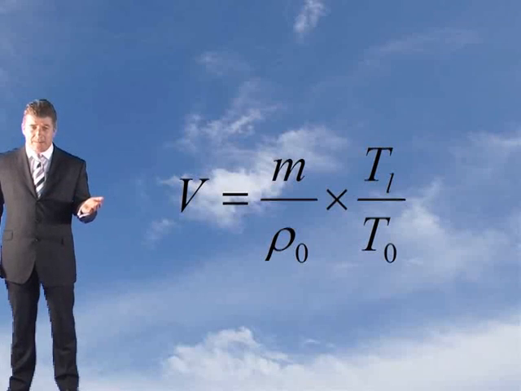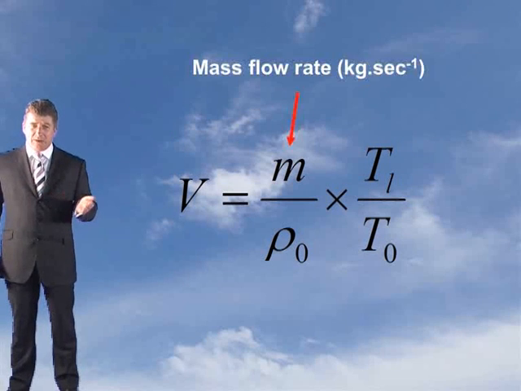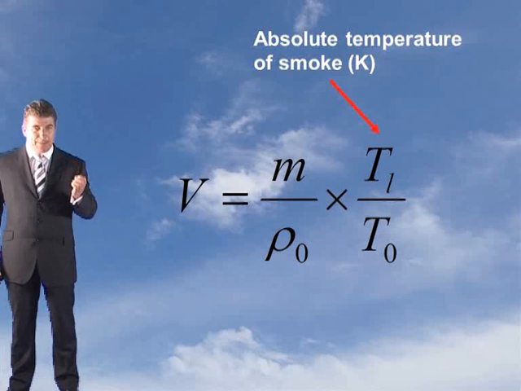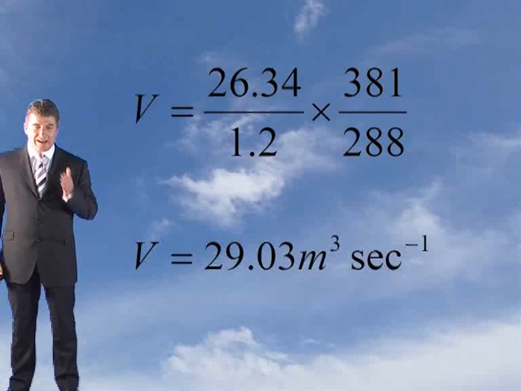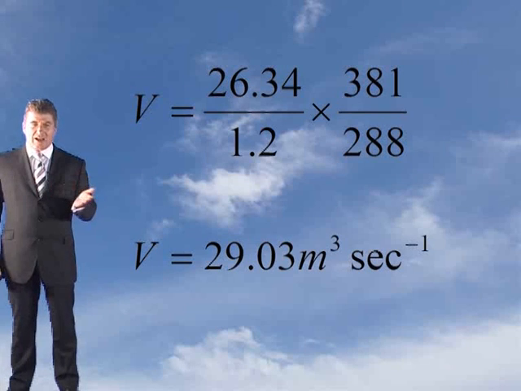V equals M divided by rho times TL divided by T0, where V is your volumetric flow rate in cubic metres a second, M is your mass flow rate in kilograms a second, rho is density in kilograms per metre cubed, TL is the absolute temperature of the smoke, and T0 is your ambient air temperature. If you'd put in your known variables, you'd have got a volumetric flow rate of 29.03 metres cubed per second. So that covers step 6.